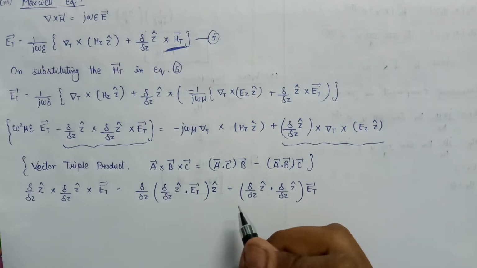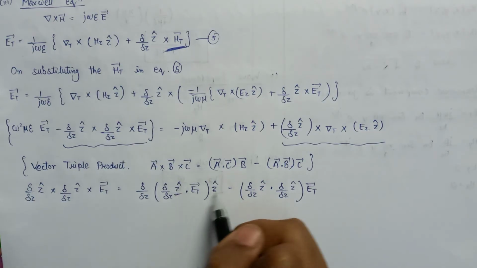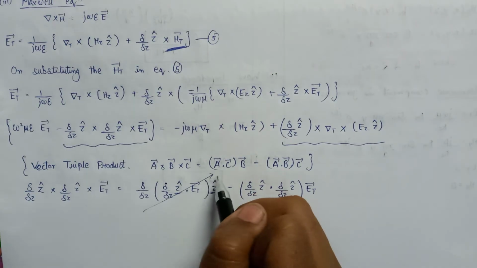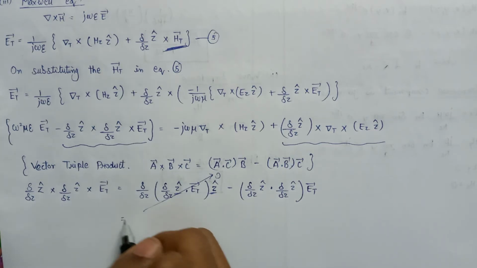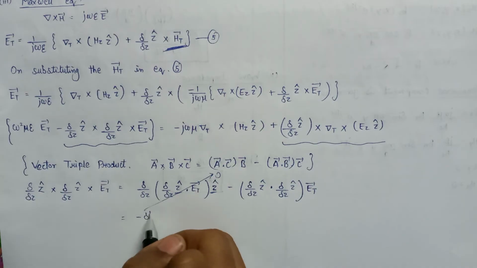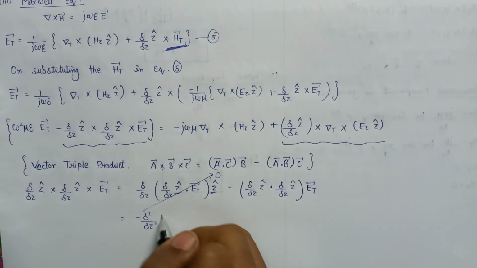Now here is a dot product between Z cap and Z cap, which becomes identity or 0. So it will become 0 only, and the final result of this expression will become minus del 2 over del Z square E transverse.